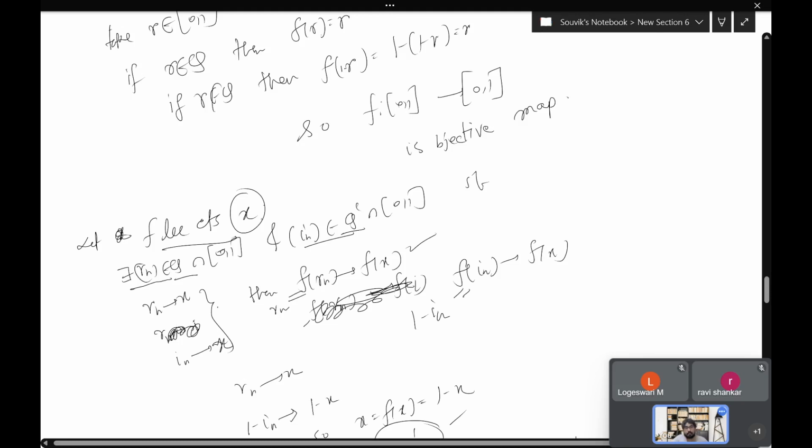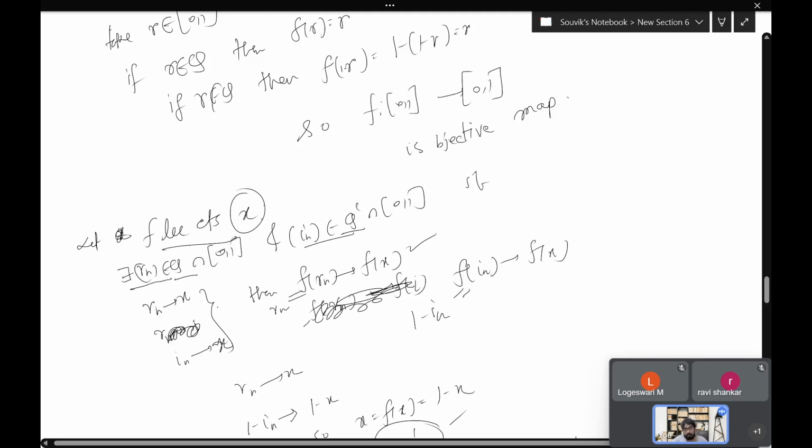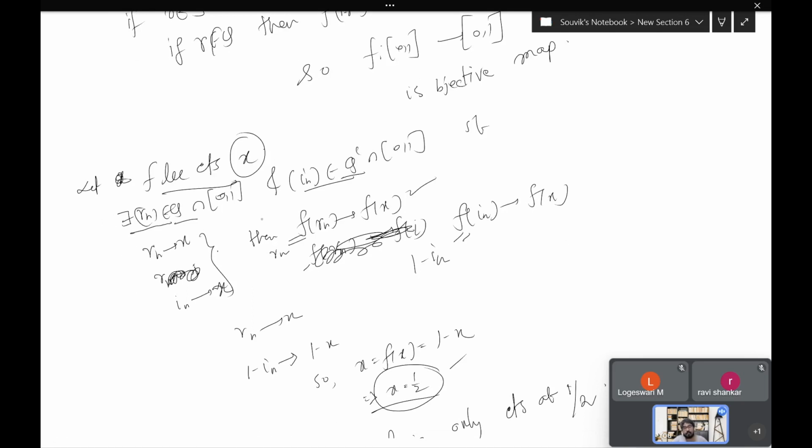Now f(r_n) equals r_n because r_n is rational, and f(i_n) equals 1 minus i_n because i_n is irrational. Since r_n converges to x and 1 minus i_n converges to 1 minus x, by the uniqueness of limits, x equals f(x) equals 1 minus x. So this gives x equal to half.